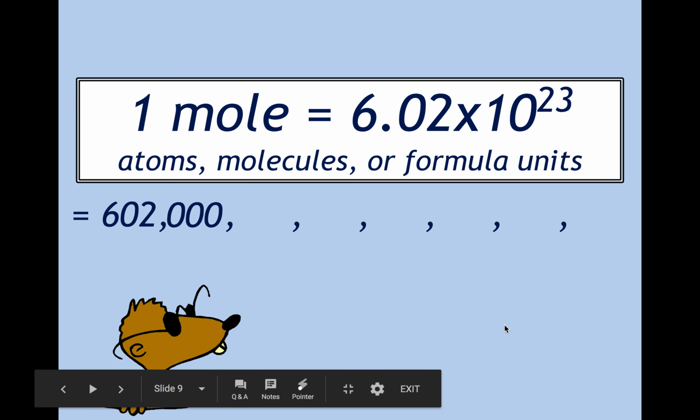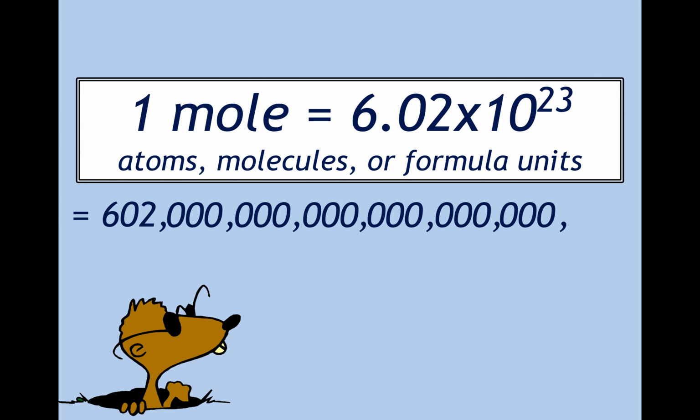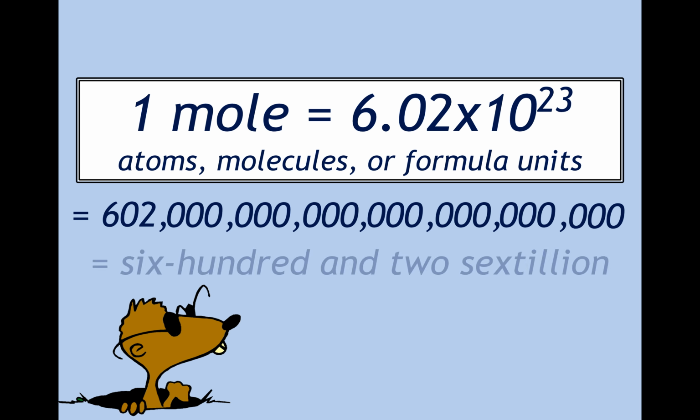This means this many zeros. A mole is a huge amount of something. Because we're talking about microscopic things, the amount of space that these take up would be relatively small. This is 602 sextillion of something.